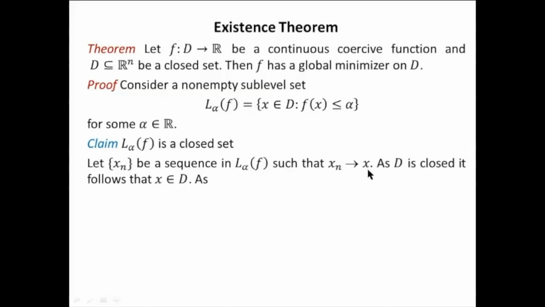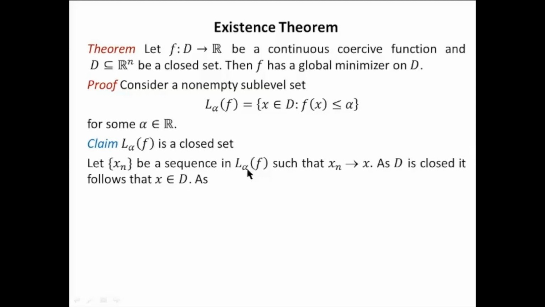Since D is closed, it is clear that x belongs to D. So the first condition is ensured. x is now in D. Now we have to see whether f(x) is also less than or equal to alpha or not.